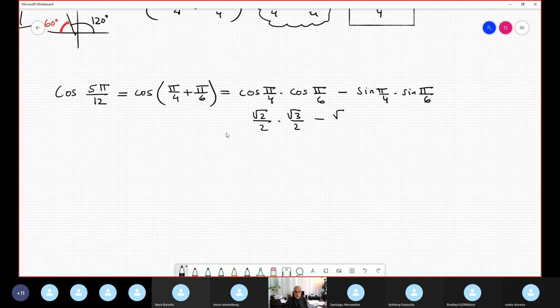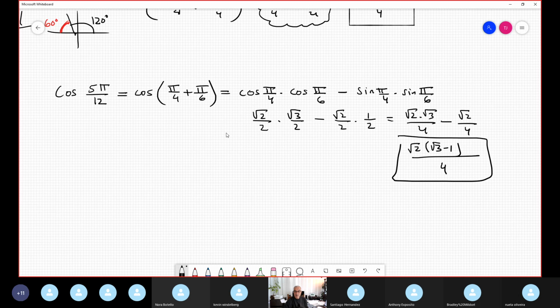This again is radical 2 over 2, it's the same, sine and cosine are the same, and it's 1/2. So radical 2 times radical 3 over 4 minus radical 2 over 4. Over 4, the LCD, radical 2 is a common factor: radical 3 minus 1. Elegant answer. Ugly answer.